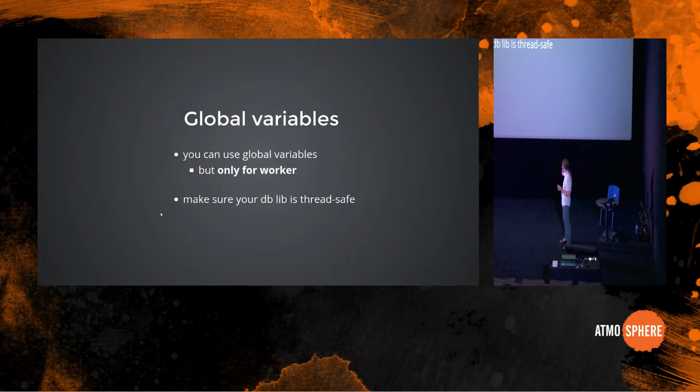And the other thing is that you need to make sure your database library is thread safe. This is important because of how nginx works. We have a worker, and the worker gets the connection and spawns some other process that is going to do things with our request.